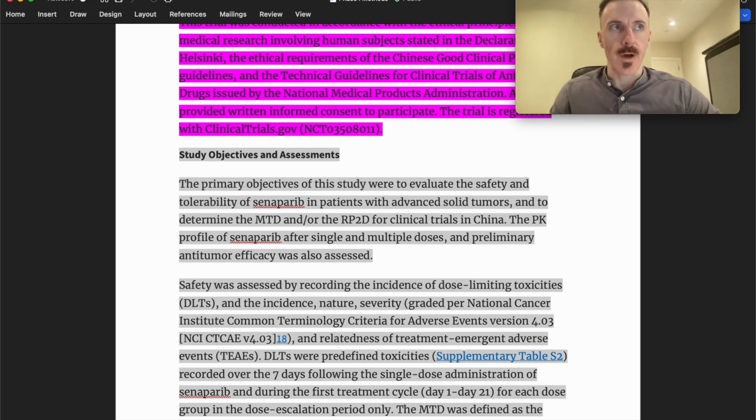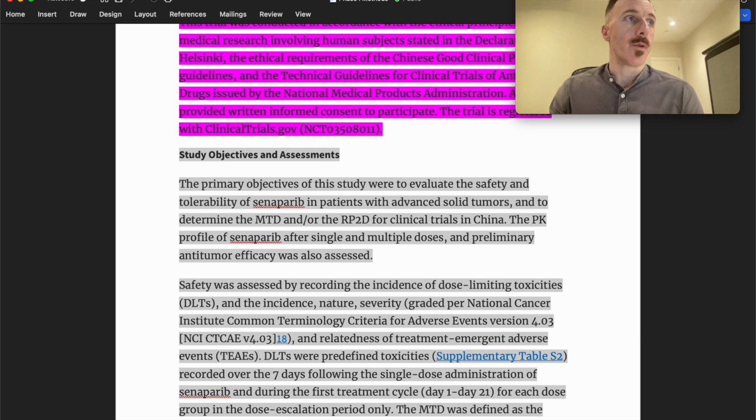Researchers conducting phase 1 trials like this are often interested in a couple of different outcomes. As these phase 1 trials are often the first time a drug is assessed in humans, the researchers conduct assessments to collect as much information as possible, and this information will guide future trials.